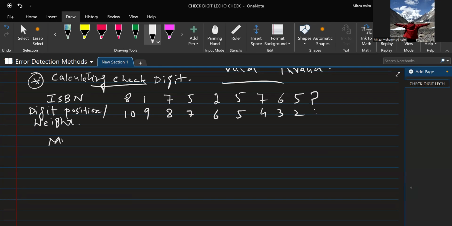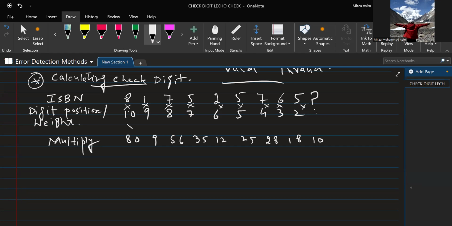In the very first step, after determining the weight of every product number, we have to multiply, right? 8 tens are 80, 9 ones are 9, 8 sevens are 56, 5 sevens are 35, 2 sixes are 12, 5 fives are 25, 7 fours are 28, 6 threes are 18, and 5 twos are 10.